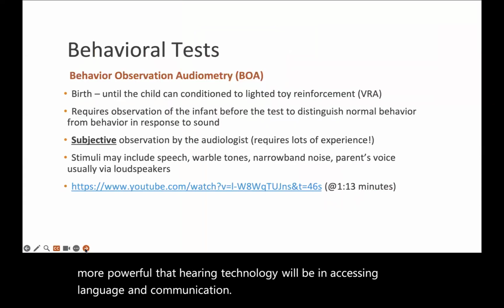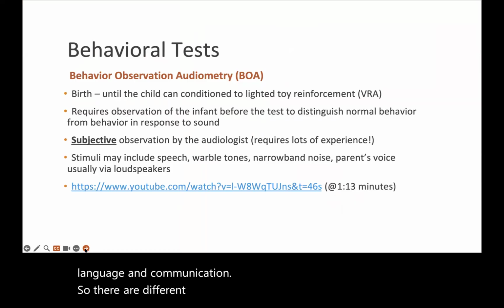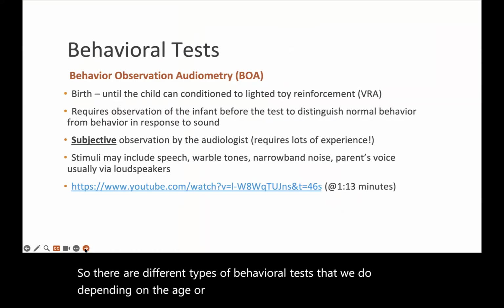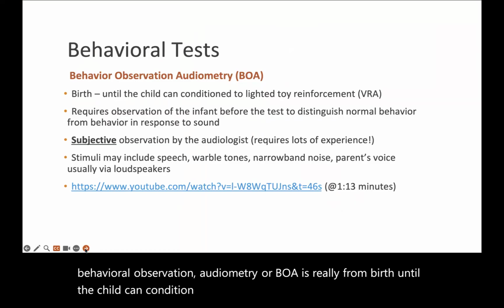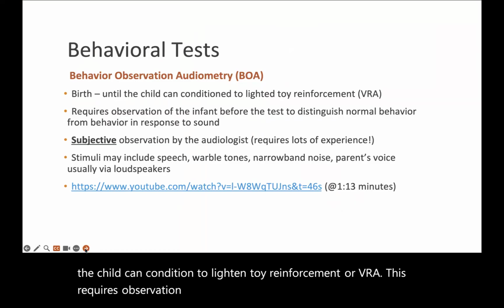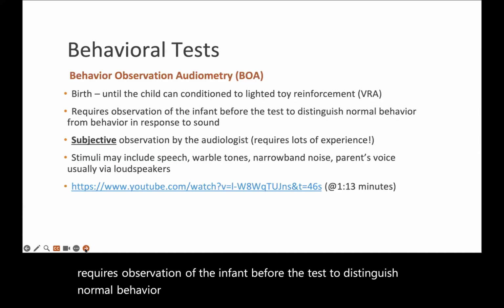So there are different types of behavioral tests that we do depending on the age or the developmental level of the child. Behavioral observation audiometry, or BOA, is really from birth until the child can condition to light and toy reinforcement, or VRA. This requires observation of the infant before the test to distinguish normal behavior from behavior in response to sound.